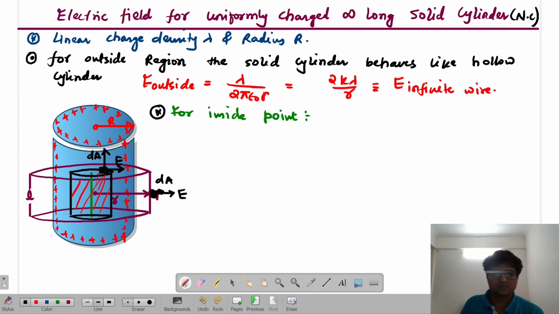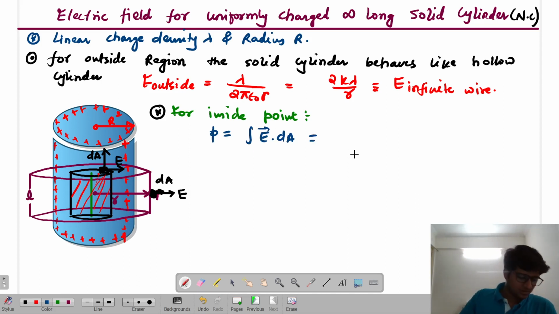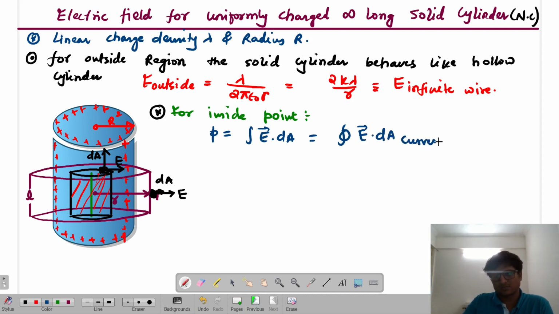Flux is equal to integral E dot dA. Two surfaces are there, circular surface and curved surface, isn't it? So the integral will exist only for the curved surface, because for the circular surface it is 0.